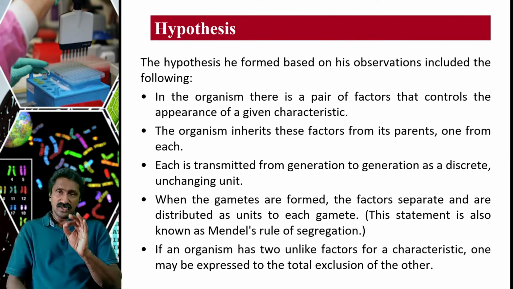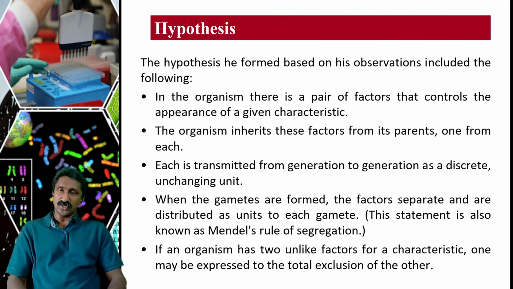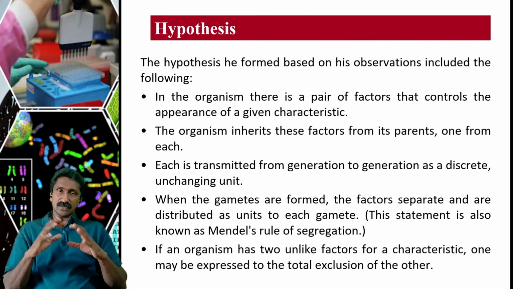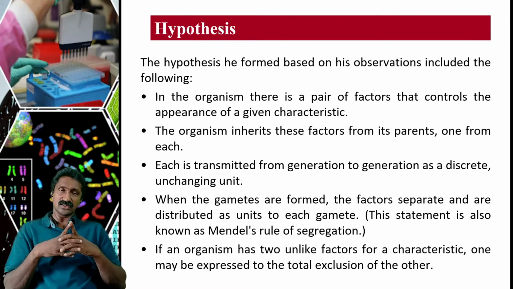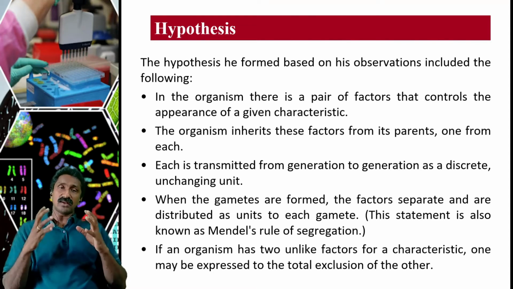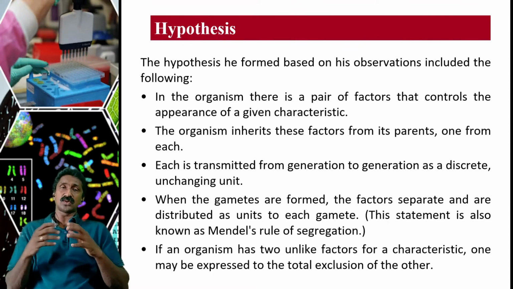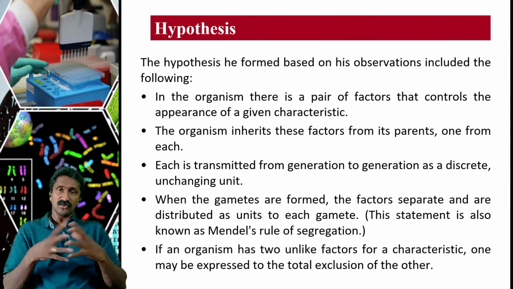Each is transmitted from generation to generation as a discrete, unchanging unit. When the gametes are formed, the factors separate and are distributed to each gamete, and later this is known as the law of segregation. And if the organism has two unlike factors for a characteristic, one may express to the total exclusion of the other, dominance, the law of dominance.